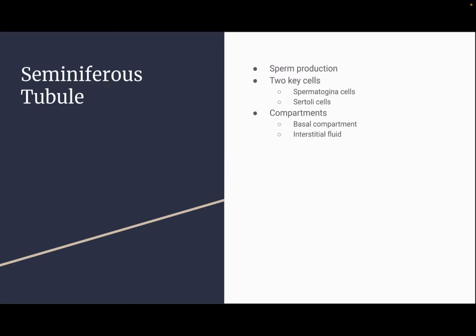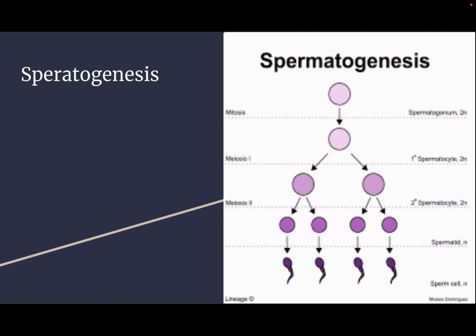In addition, FSH stimulates production of the androgen-binding protein. So here is spermatogenesis. Right here it shows the process of it becoming a sperm cell, which can actually fertilize an egg.